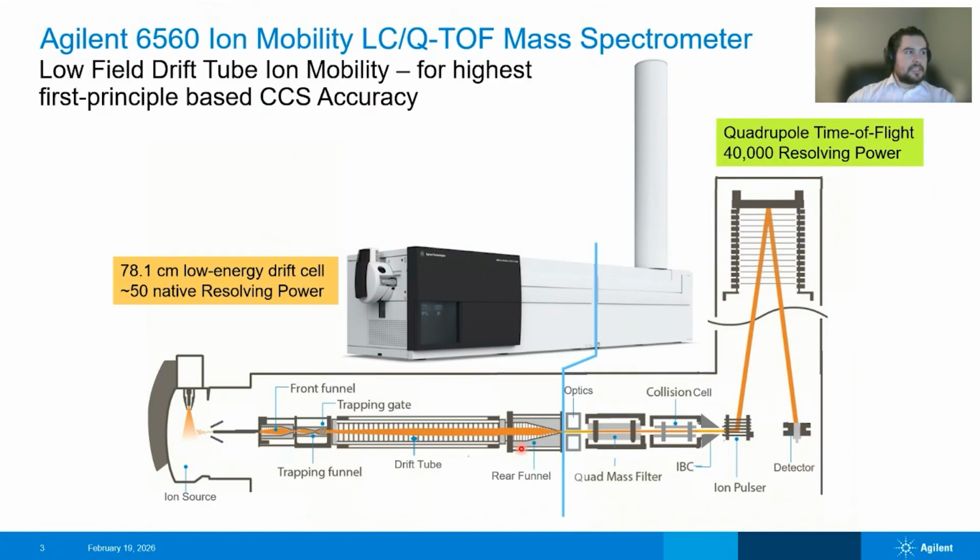This is a 78 centimeter drift tube with just a DC gradient across it, and then it recollimates in the back to go through the QTOF portion. Typically, we're on the order of 50 resolving power for the ion mobility dimension. We do have some ways to bump that up for certain applications, but if you're running in the normal ion mobility mode, you get about 50 resolving power.